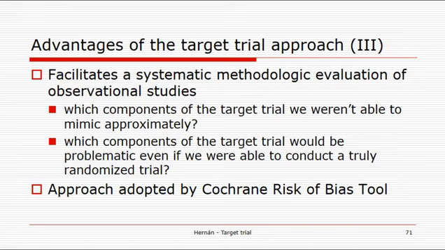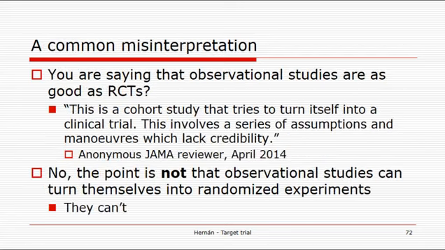And in fact, this is what the Cochrane risk of bias tool does now. They ask you to define your target trial, and then based on how far the observational analysis is from the target trial, you can say what is a high or low risk.